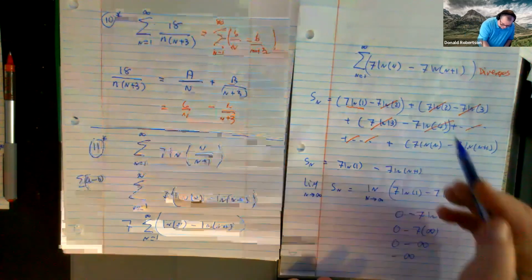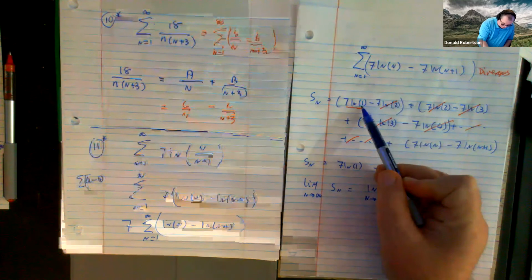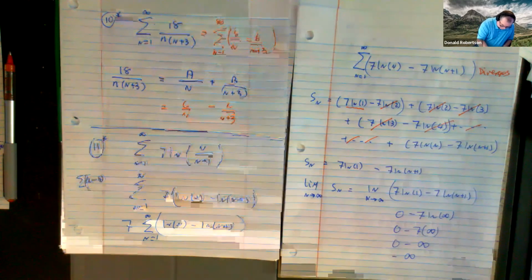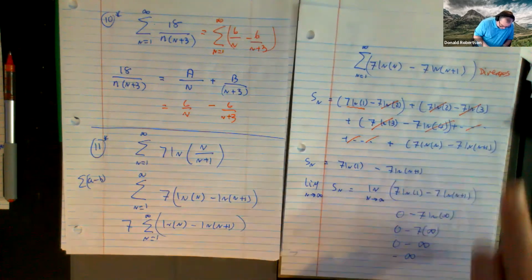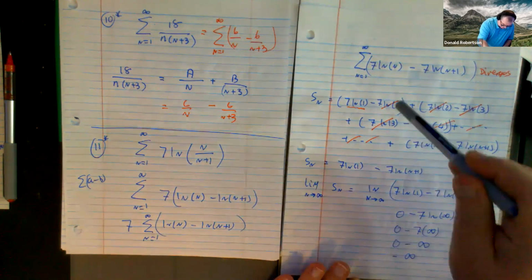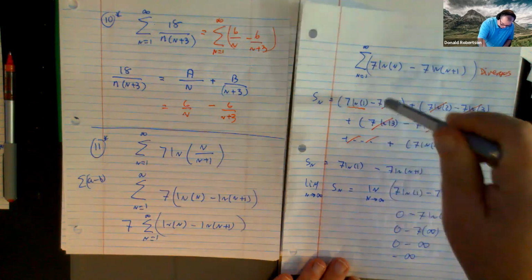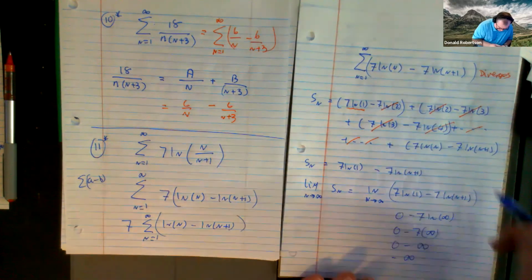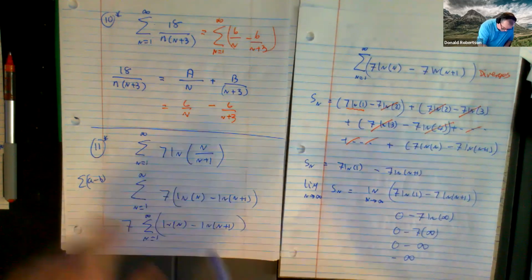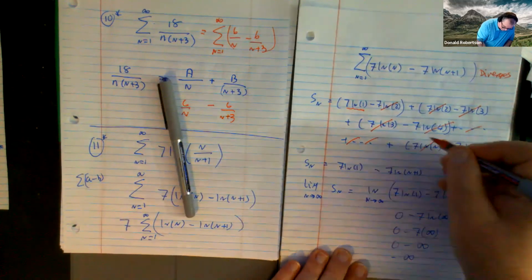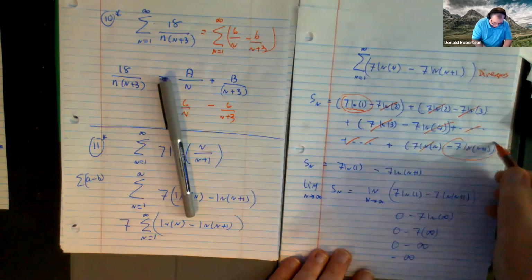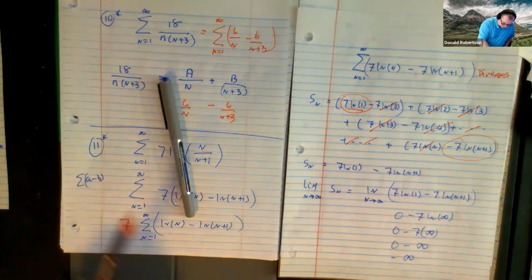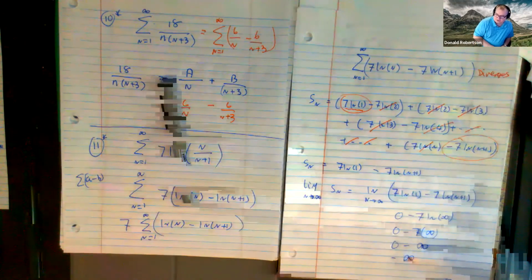Right, so we plugged in 1, plugged in 2, plugged in 3, as many terms as we feel, plugged in the last one, and then we did, that one survived, that one died, that one died, everybody dies, and because everybody dies, the 1 at the beginning lives, that means the 1 at the end will also live, and that's why these 2 terms are the only ones that wouldn't be killed off in this telescoping series.